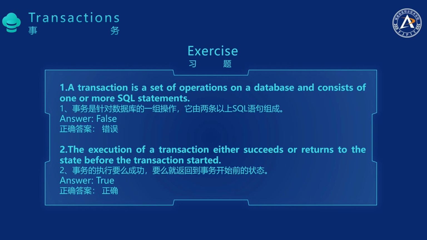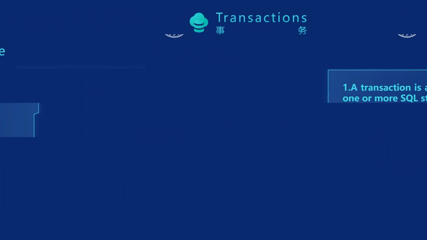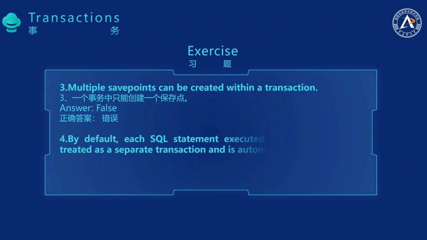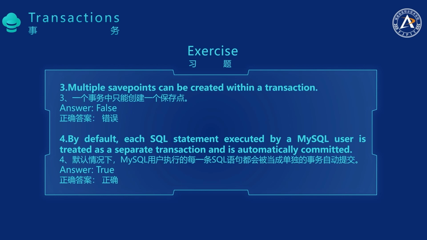Answer: true. Third, multiple save points can be created within a transaction. Answer: false. Fourth, by default, each SQL statement executed by a MySQL user is treated as a separate transaction and is automatically committed. Answer: true.